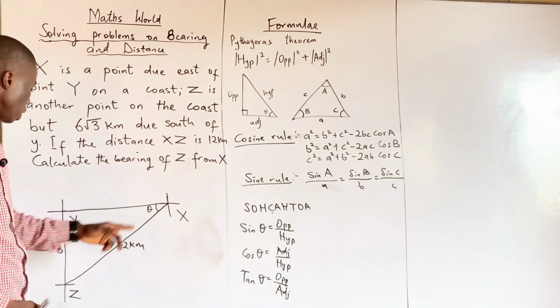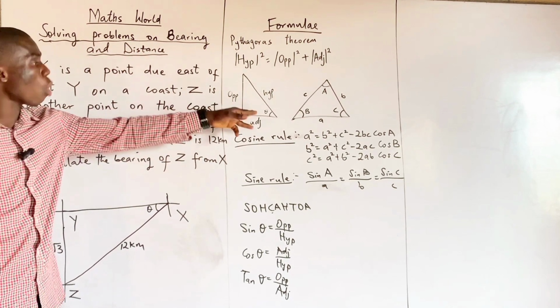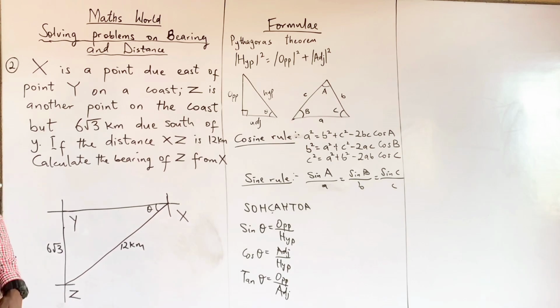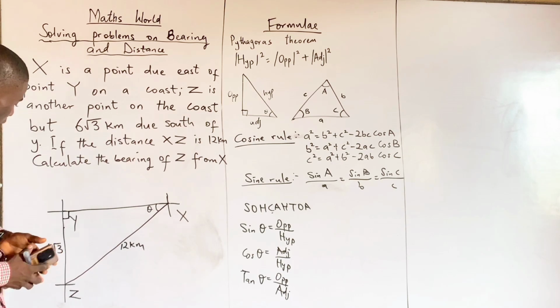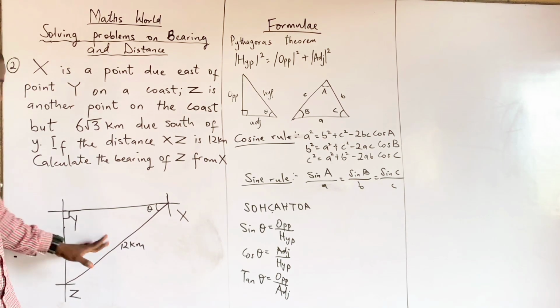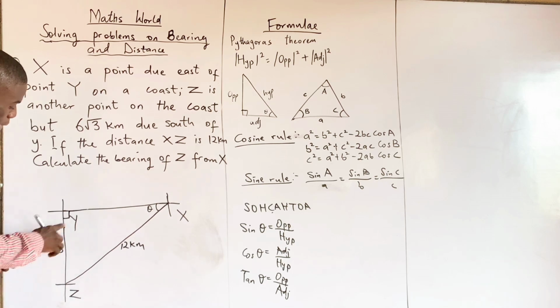Let's calculate what this is. Who can now tell me, is this a right angle triangle or another type of triangle? You can see that this place is right angled. You can see that now. So this is a right angle triangle because this is east, this is south, and the angle between east and south is 90 degrees. So this is the right angle.